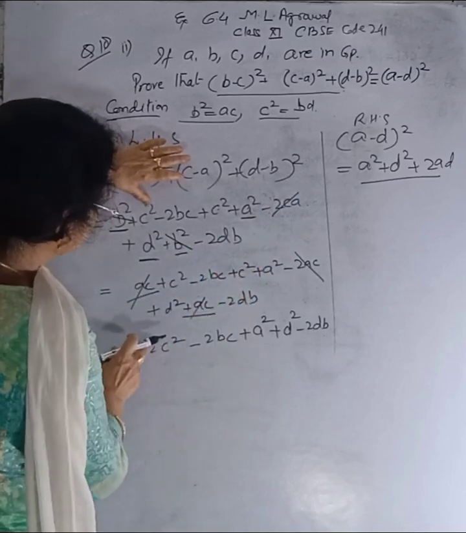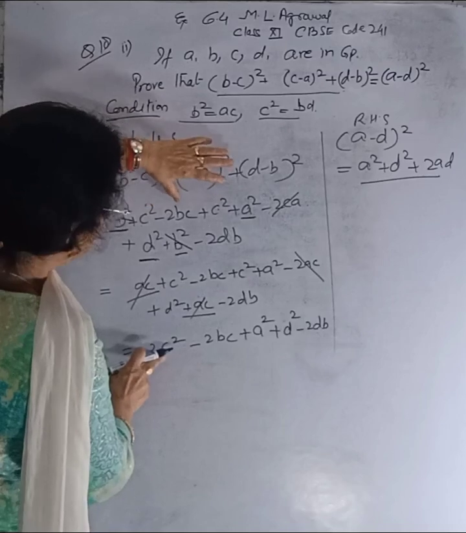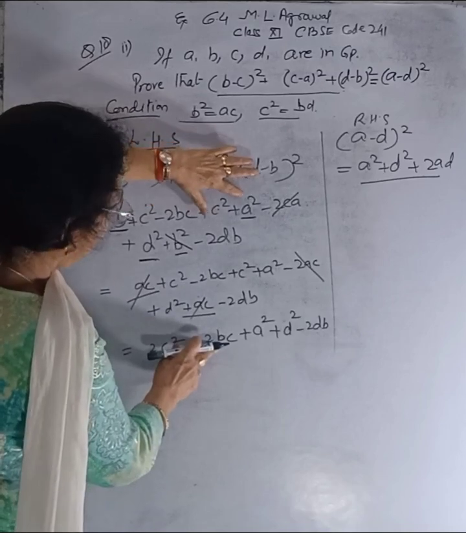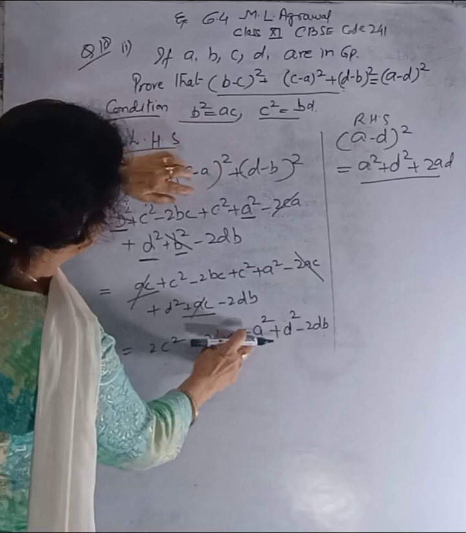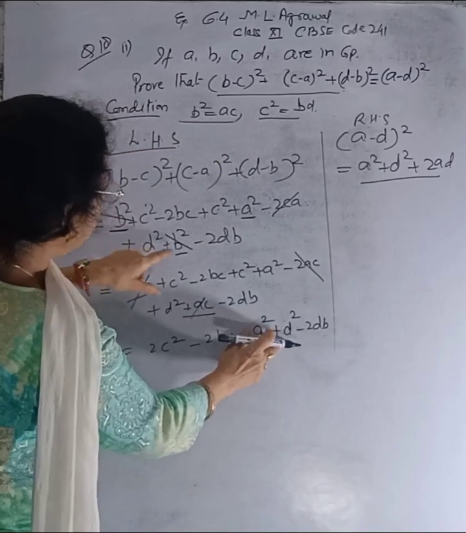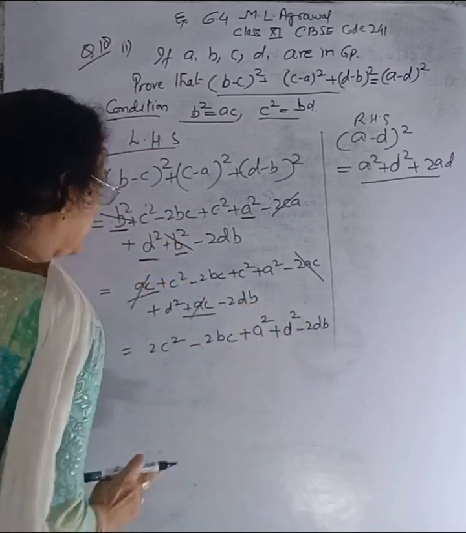C square and C square, 2C square, minus 2B square plus A square plus D square minus 2DB.